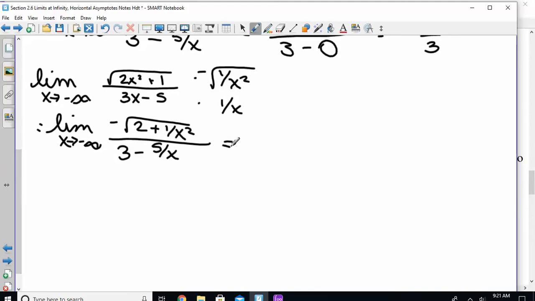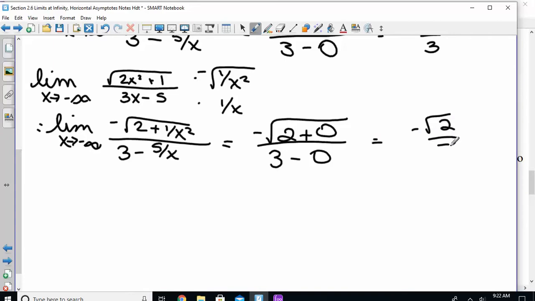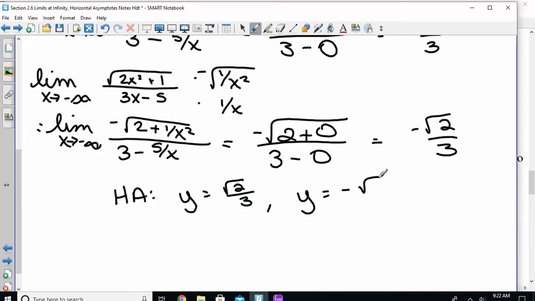So now if we plug in our infinity, 2 stays. 1 over a negative infinity squared is 1 over a really big number, so that's turning into 0. 3 minus 5 over a really big negative number, that's still turning into 0. Whether it's a number over positive or negative infinity, it turns into 0. So this gives me negative radical 2 over 3. So how many horizontal asymptotes does this one have? 2. y equals a positive radical 2 over 3, and y equals a negative radical 2 over 3. So that's why you have to check both.